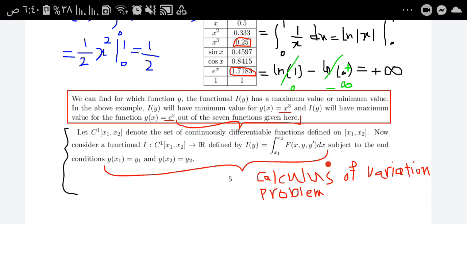It means that for which function y the value of this functional will be minimum, and for which function y the value of this functional will be maximum. This is called a calculus of variations problem.